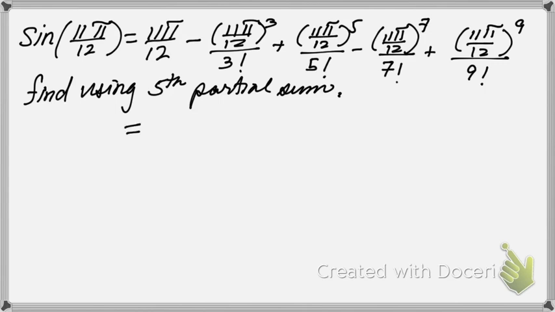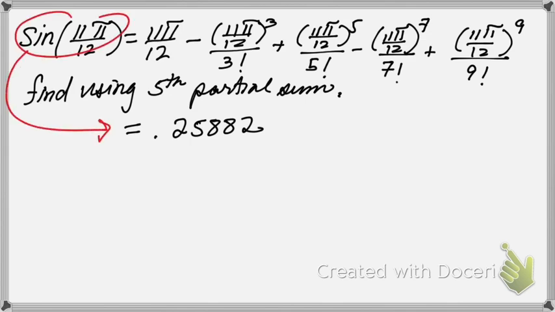And when I enter that into the calculator, I get 0.25882. No, that's what I would get if I enter sine of 11 pi over 12 into the calculator.